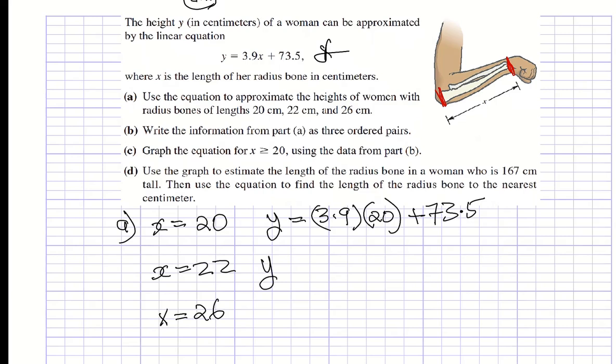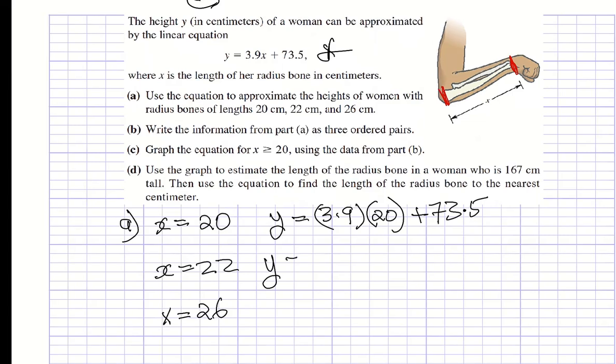This one here is saying y is equal to 3.9 times 22 plus 73.5.